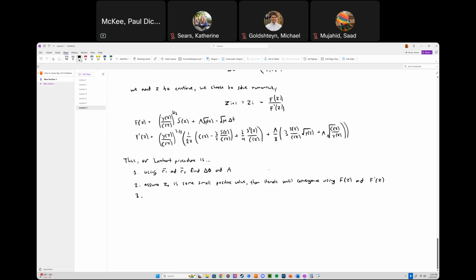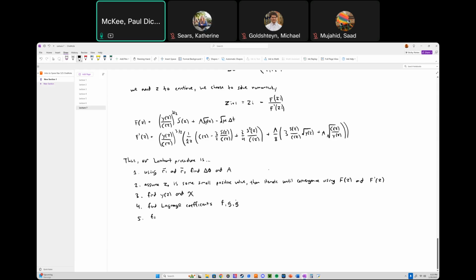When we're done, we found an actual value for Z for convergence. So then we find Y of Z and then find chi, the universal anomaly. And then find Lagrange coefficients. The only ones we need are F, G, and G dot.